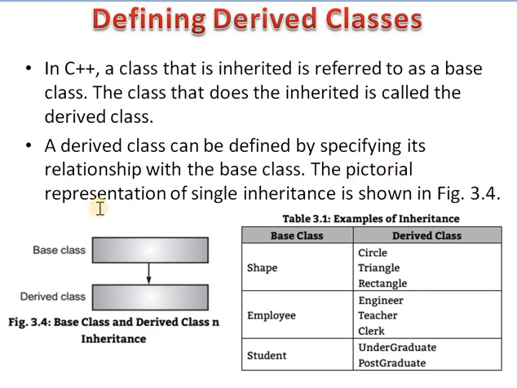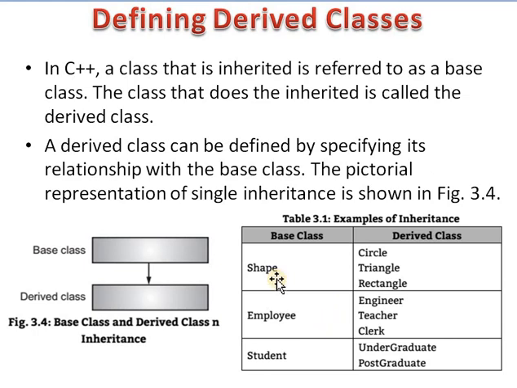The pictorial representation of a single inheritance is shown in the figure. In this figure, simple single inheritance is demonstrated, where there is one base class and one derived class. Here are some examples of this type of inheritance.